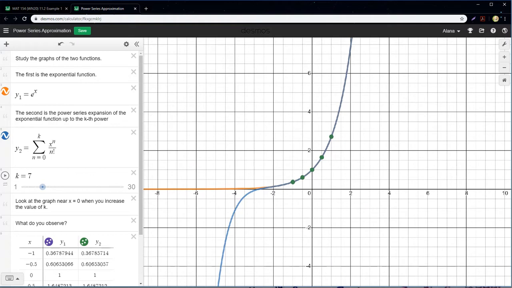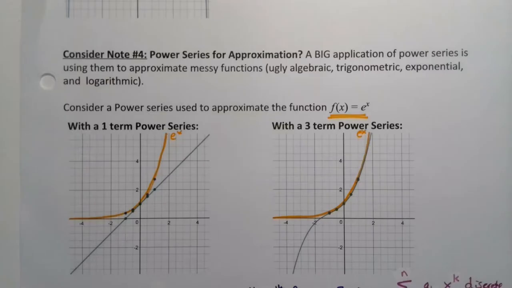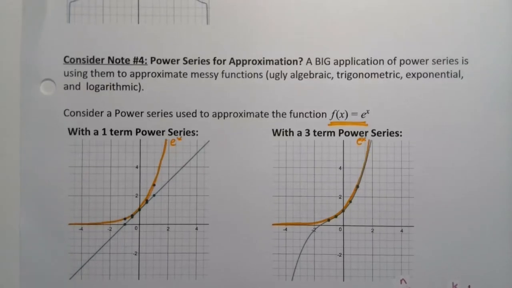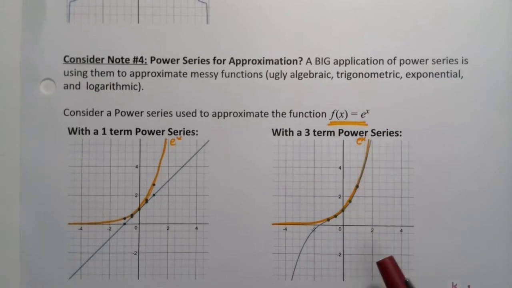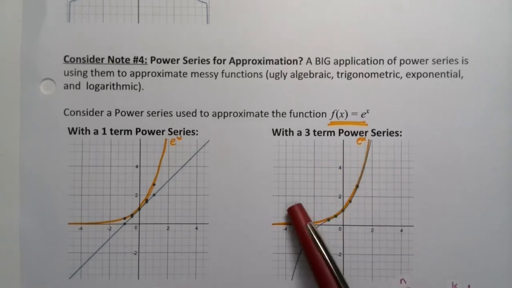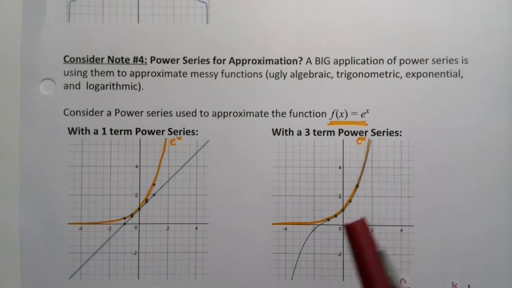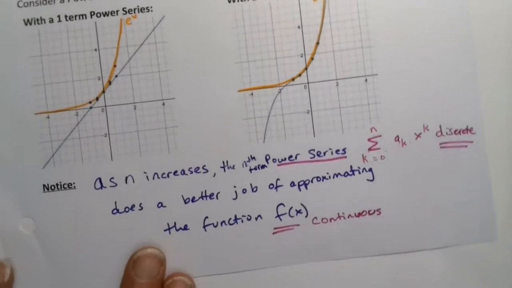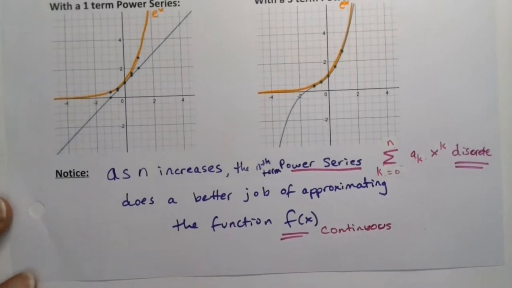So if we look back at the notes, it's saying that we can use that power series to approximate ugly functions that we don't particularly like dealing with. And that ugly function is a continuous curve, and I'm building a polynomial on top of it by building discrete packets. So I'm making a new kind of nth term power series. We also call these polynomials, right?